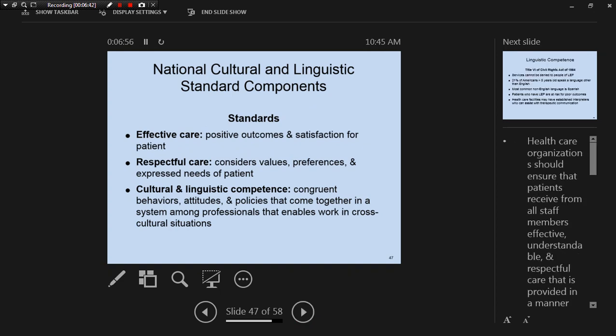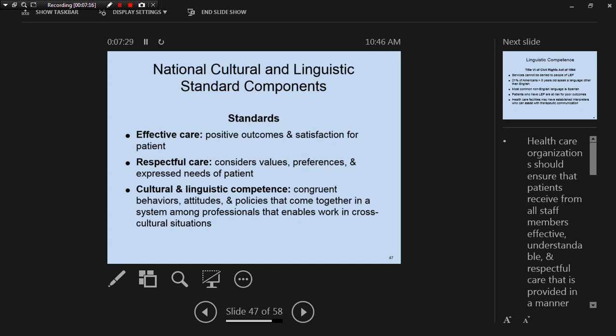According to the National Cultural and Linguistic Standard Components, there are 3 things we need to keep in mind when caring for patients of a different culture who may have limited English proficiency, or who have newly migrated to the United States. These patients deserve effective care. They deserve respectful care, and cultural linguistic competence by us as the healthcare profession.